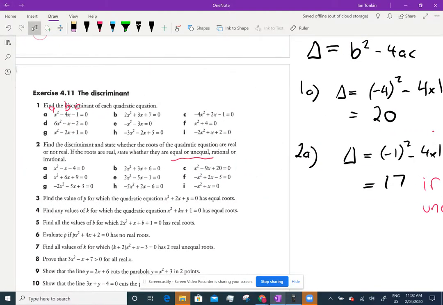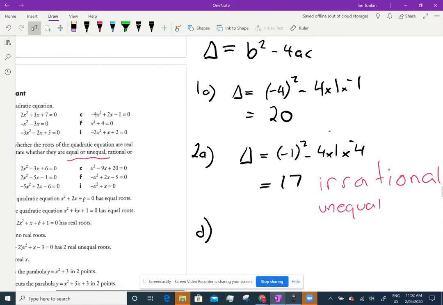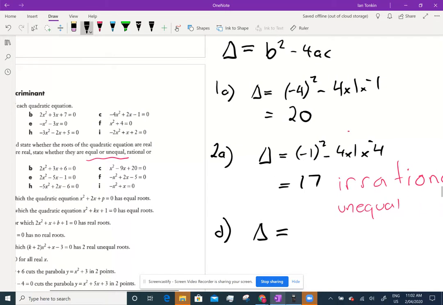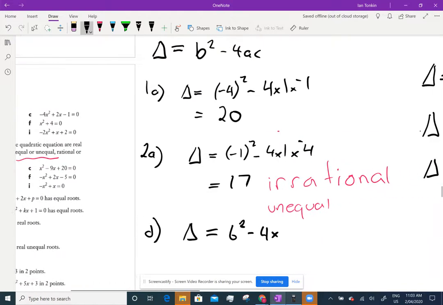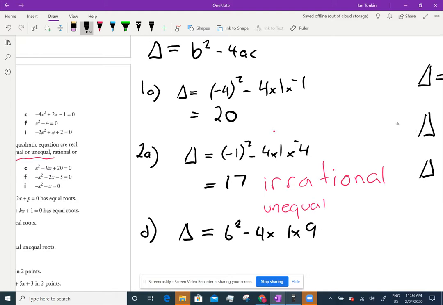We'll do another one, and we'll do D because I know D is going to be equal roots. So D, the discriminant, equals b squared, 6 squared, minus 4 times 1 times 9. 6 squared is 36, 4 nines are 36.